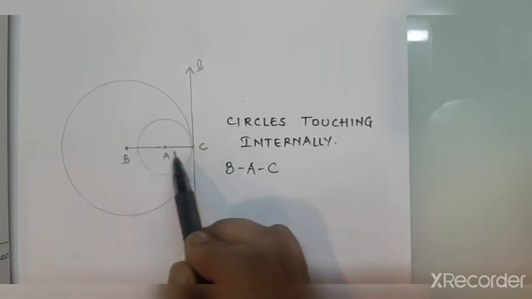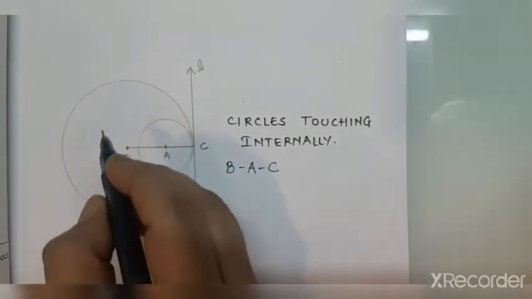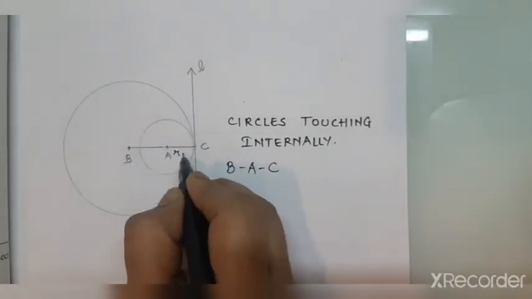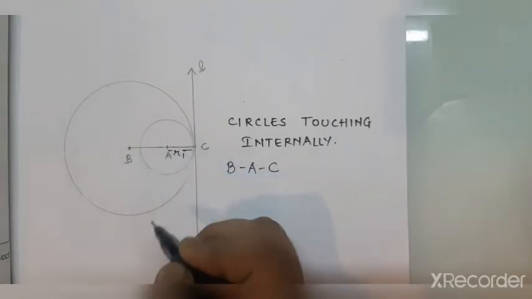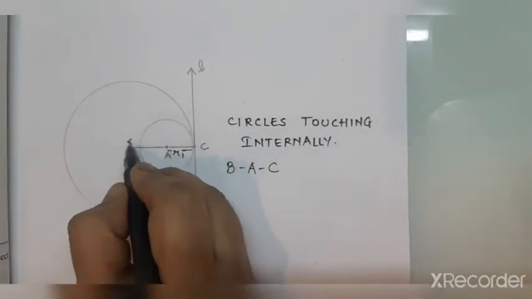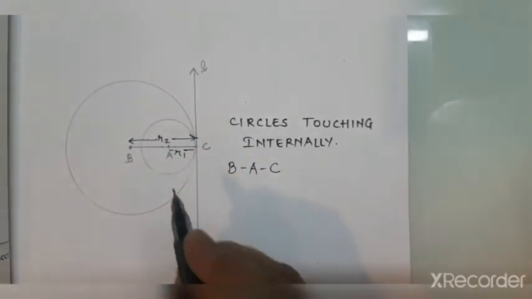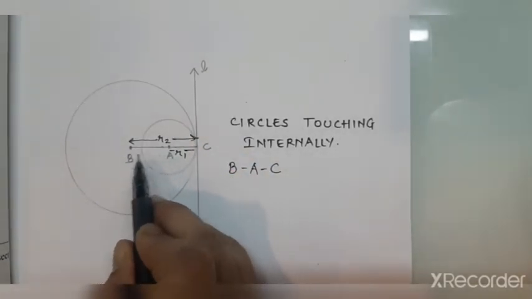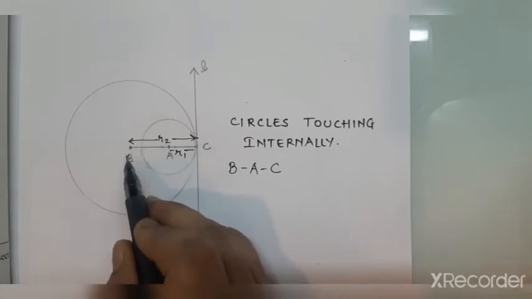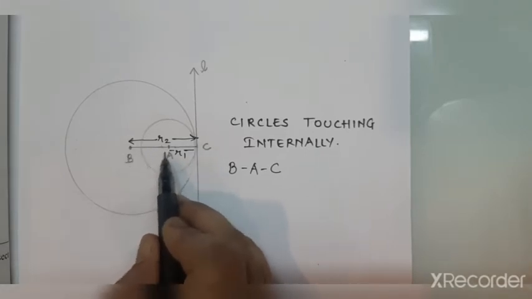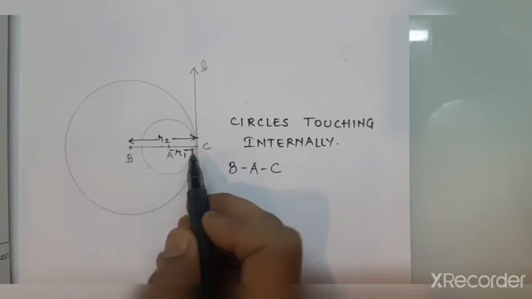The bigger radius minus the smaller radius. The smaller radius we had considered as R1, so this distance here is R1 and this is R2. If we have to find AB, in the figure itself you can understand that distance AB will be R2 minus R1.